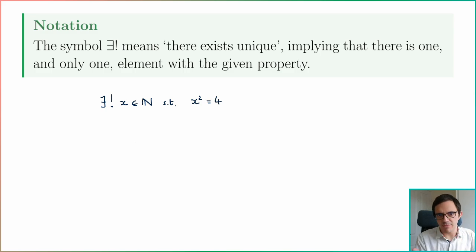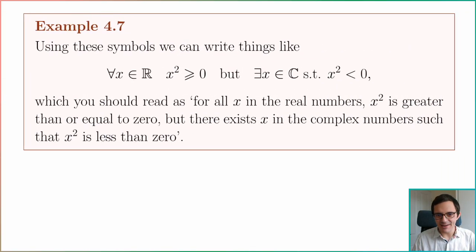There might have been some other conditions that were set up, but now we have a unique element. Personally, I don't use this one very much because I already use exclamation mark quite a lot in the rest of my writing, so I'm saving it for emphasis and factorials. And if I have to say that something's unique, I then have to say it in words, but you're welcome to use this one if you like.